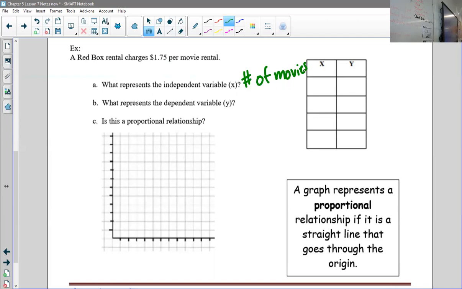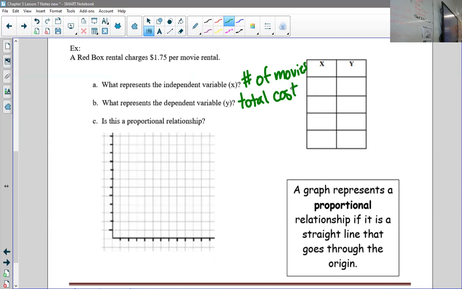What is dependent is the total cost that I end up spending on movies. If I only rent 1 movie, my total cost is going to be significantly less than if I decide to rent 10 movies. So the total cost depends on how many movies I decide to rent.